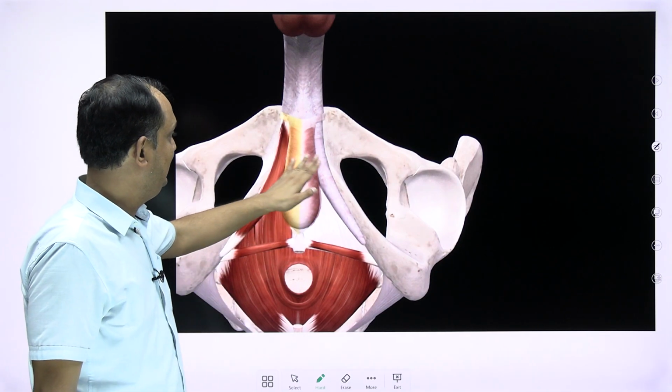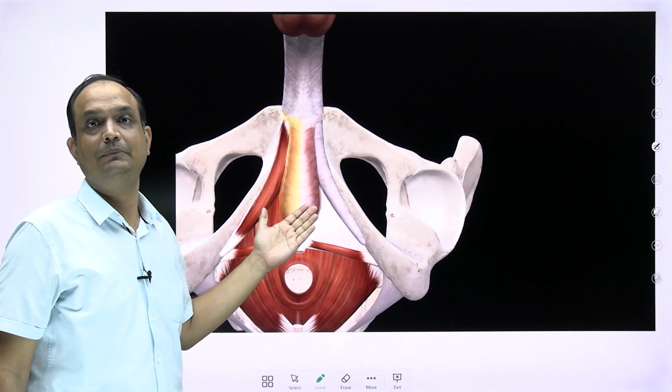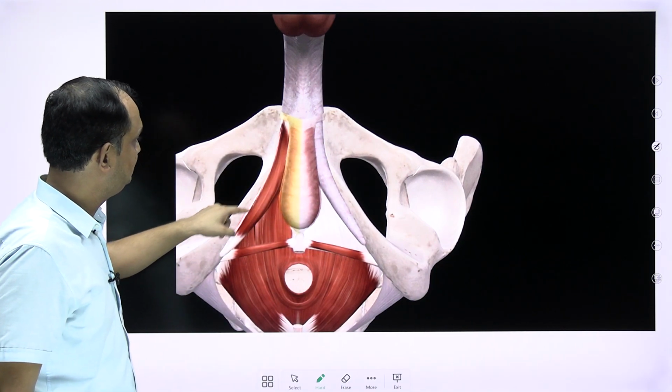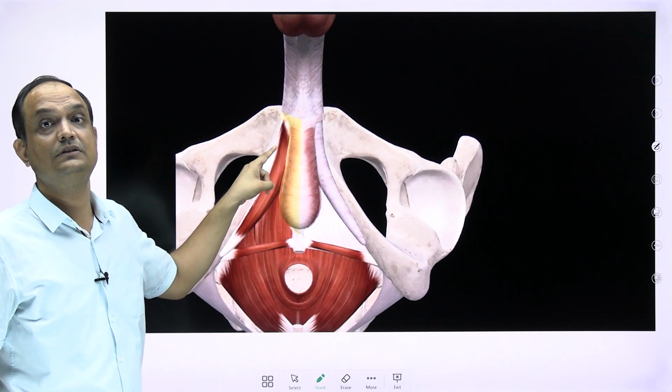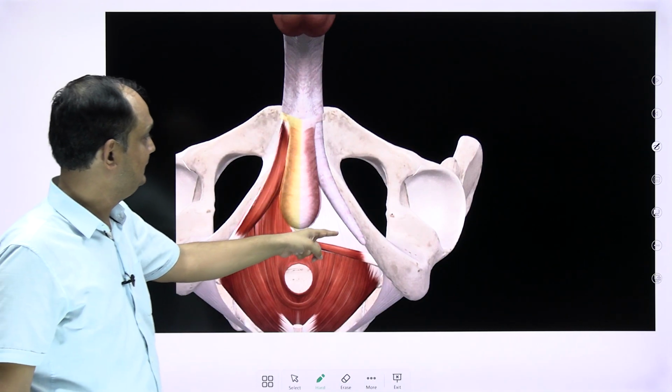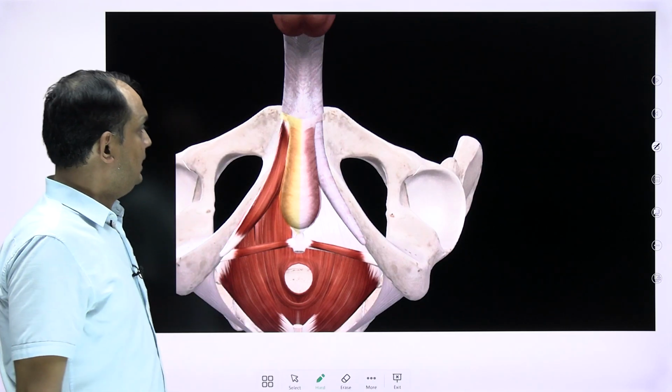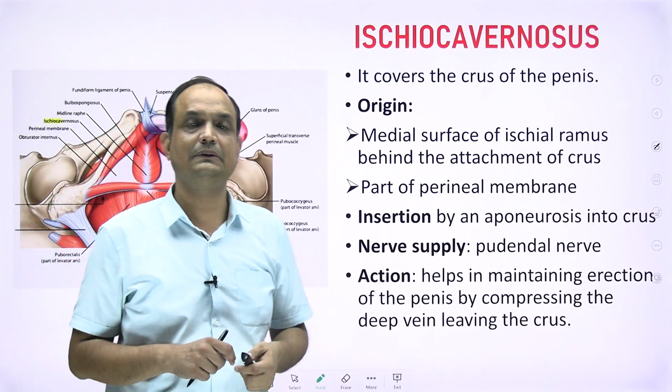So, this is the area between the skin and the perineal membrane, and this is the crus of the penis, which on the opposite side is covered by the muscle known as ischiocavernosus, and crus is a continuity of corpora cavernosa.